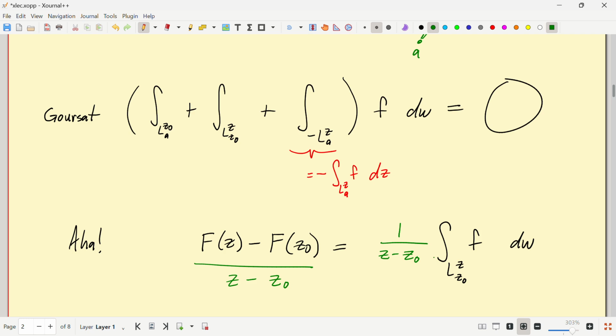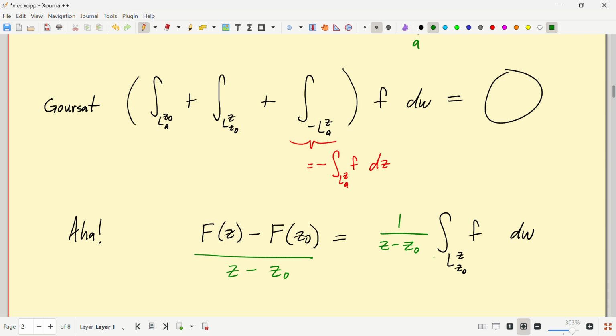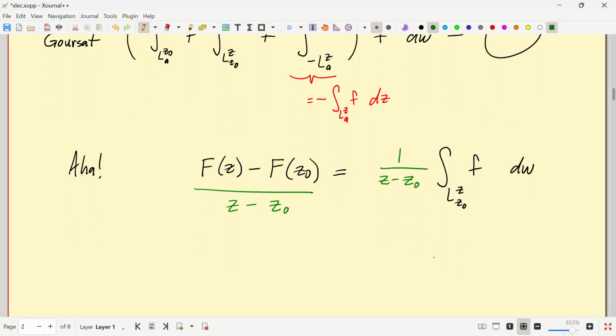And so we expect that to tend to F prime of z naught. It's going to be kind of like freshman calculus, proving the fundamental theorem of calculus, that's going to work out.